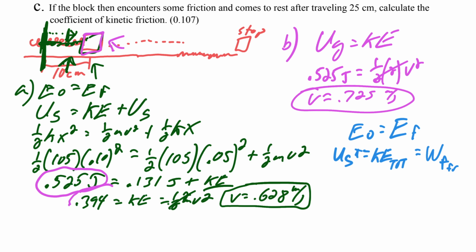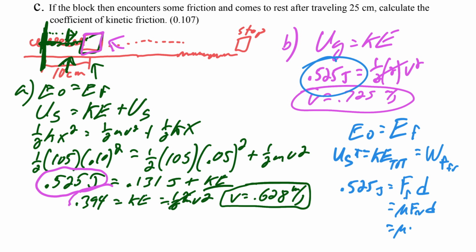All right, so I'm just going to use that number that we already calculated. So 0.525 joules equals, well, work is force times distance. This is friction, so friction is mu times normal. And since we're on a nice flat surface, that's mu mg times d.